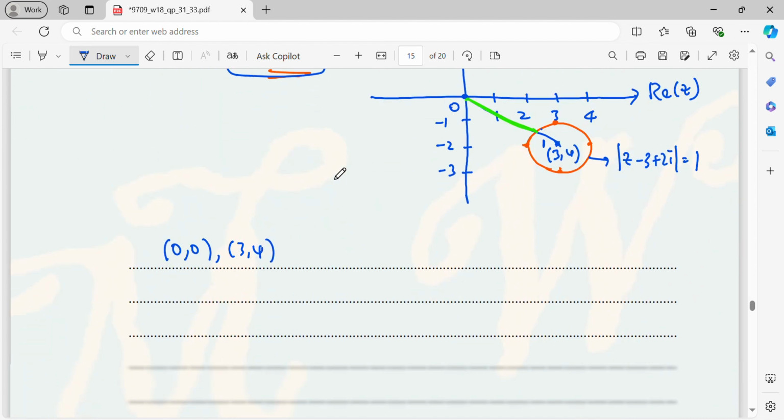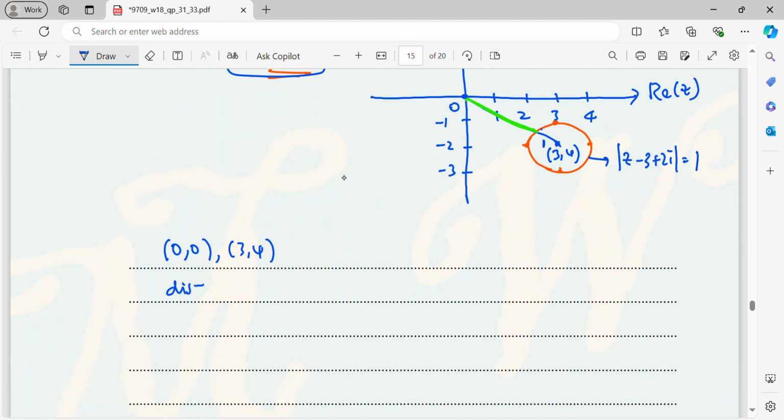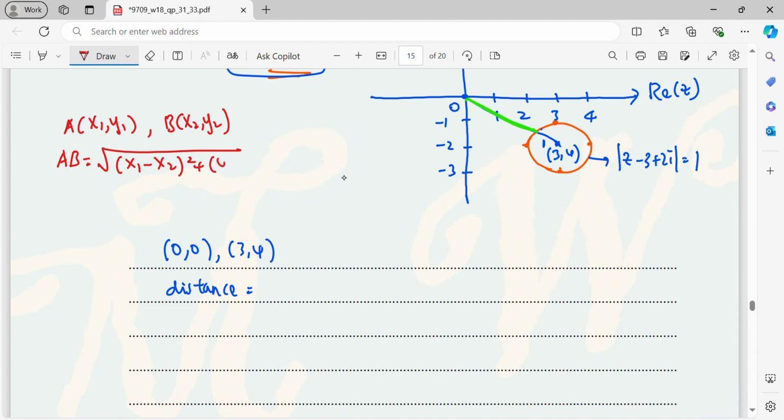So now 0, 0 and 3, 4. The distance, you refer to the distance of 2 points. Let's say A is x1, y1 and B is x2, y2 coordinates. So the distance AB equals the square root of x1 minus x2 squared plus y1 minus y2 squared. Okay, so I'm going to use this formula.